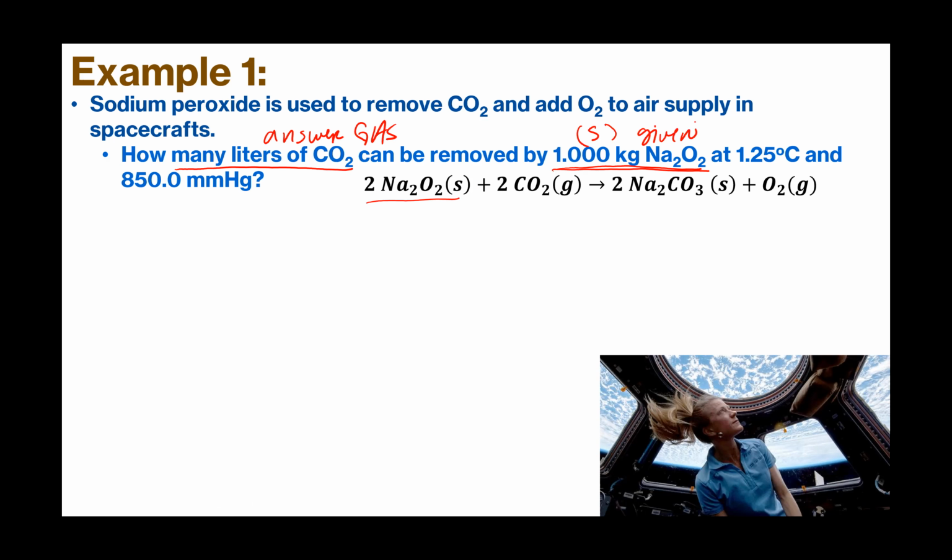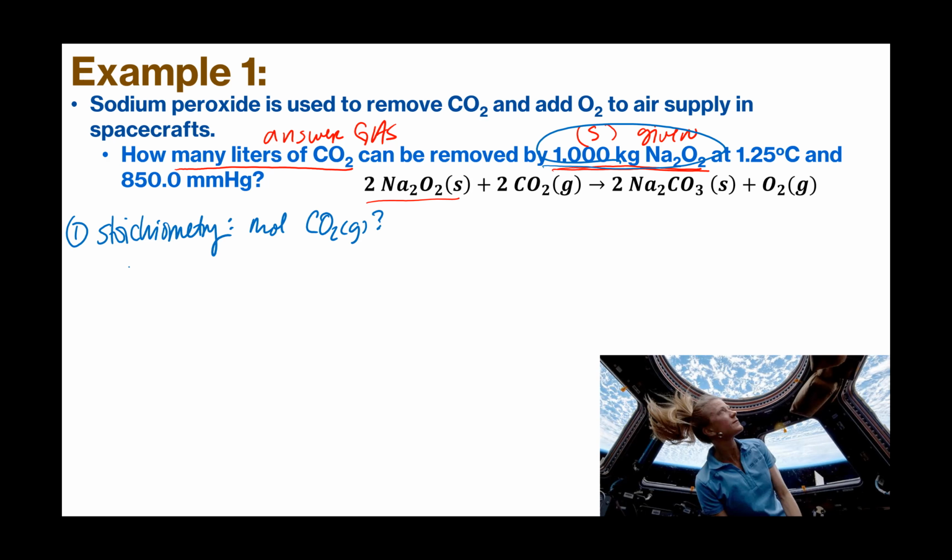So the first thing we have to do is stoichiometry. Our goal is to figure out how many moles of gas, in this case CO2, we're looking for. Okay, that's what we're asking ourselves. We're doing the stoichiometry to figure that out. That means our starting point is our kilograms of sodium peroxide.